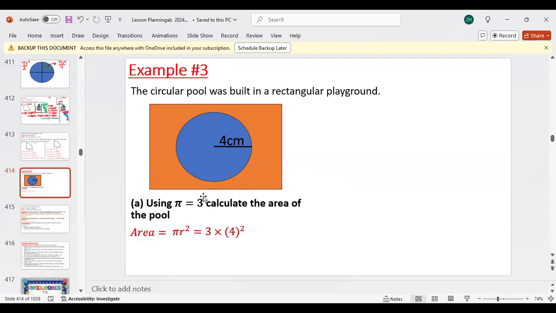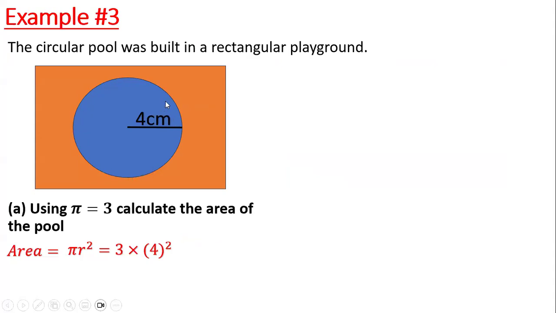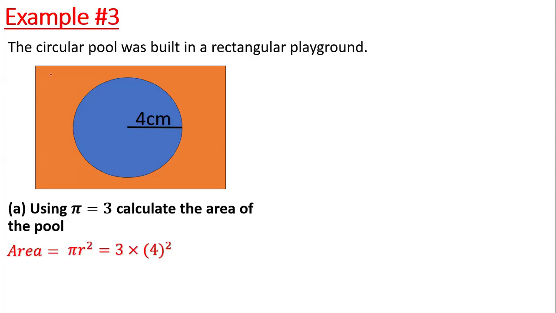So far, what do we have? For those persons who may not understand what we're doing, we're trying to find the area of this circular pool. In order to do that, we use pi r squared. So area is equal to pi r squared because that's the area of a circle, right? What is r? Remember, r in this case is the radius, and the radius is 4. It's already half, so that's the radius right there.